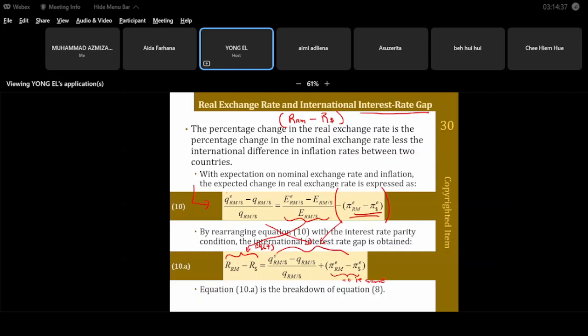And in this situation, our interest rate differences between the two countries will be equal to the percentage change in real interest rate. That makes sense because real is a concept where we net out the price effect. If there's no price effect, that means we have only the real one, not the nominal one.